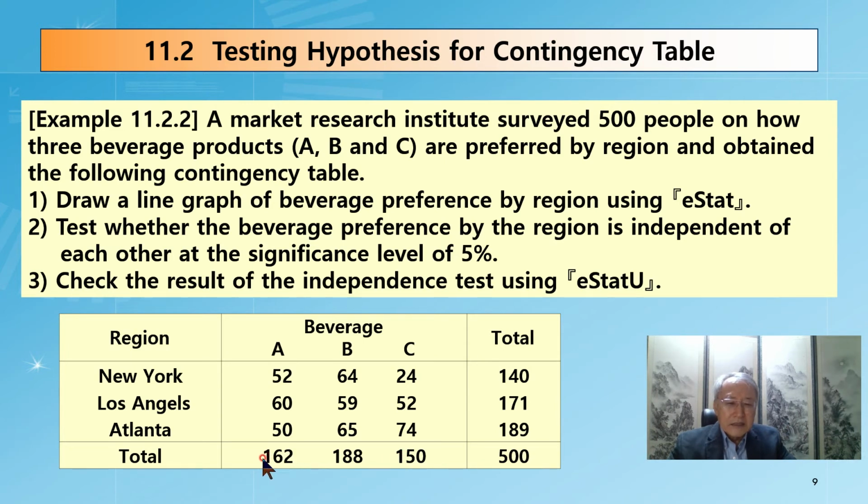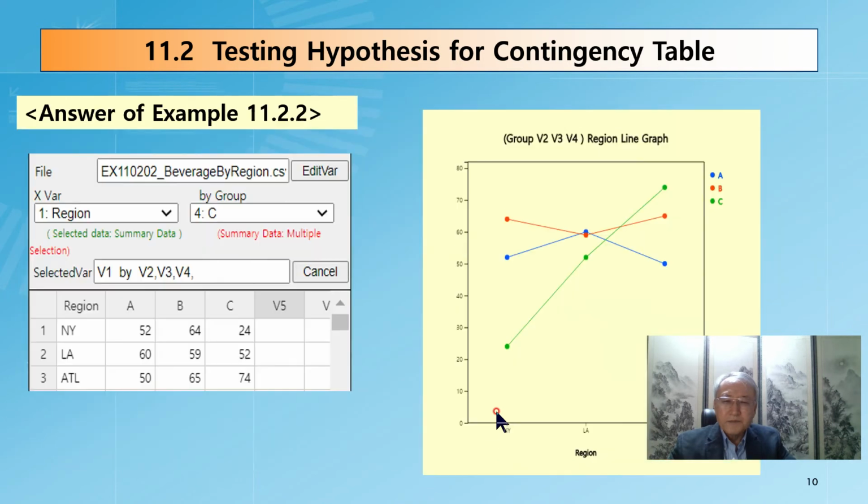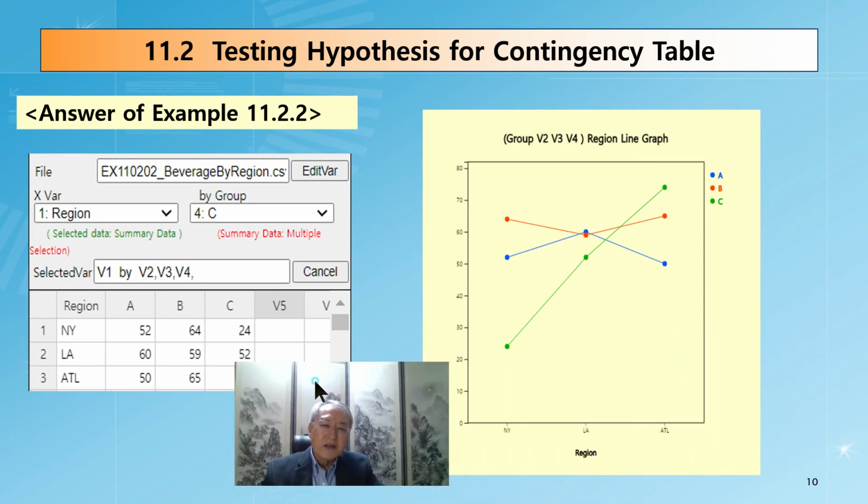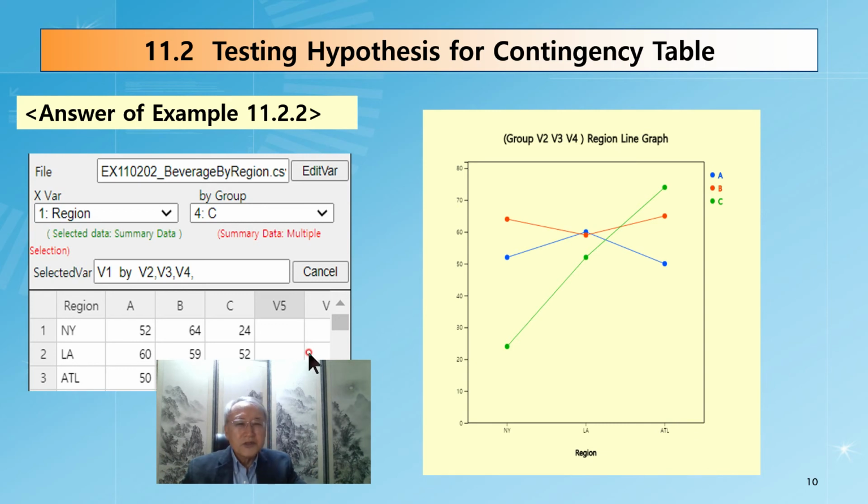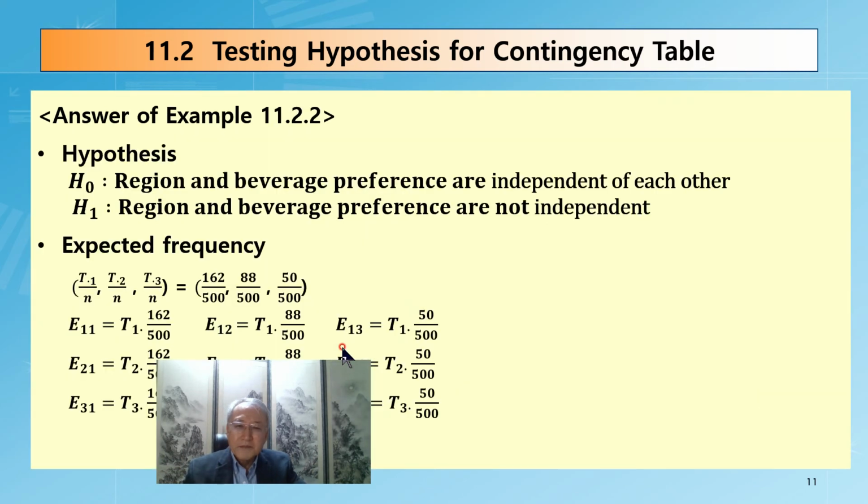Then the proportion is multiplied by each total. If I plot this data, it shows like this. It seems there are several crosses. That means they look related, but we'd like to confirm that using the test of independence.